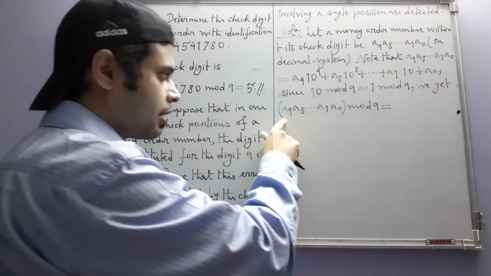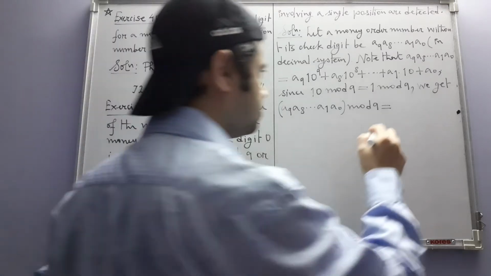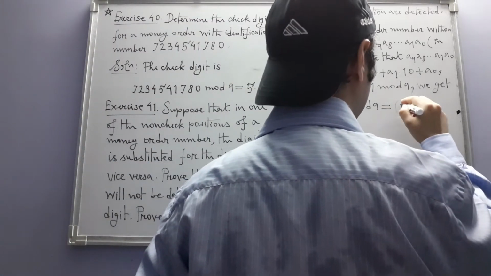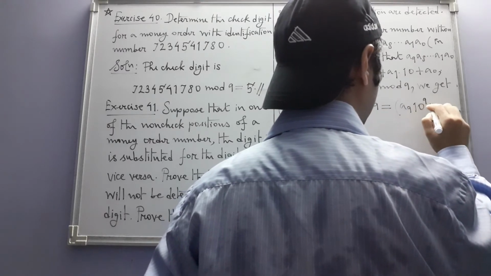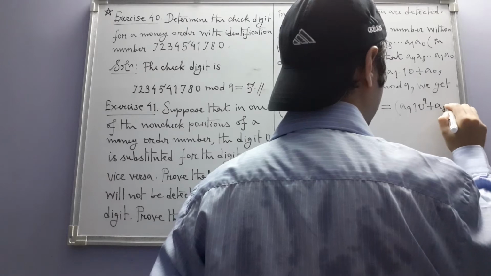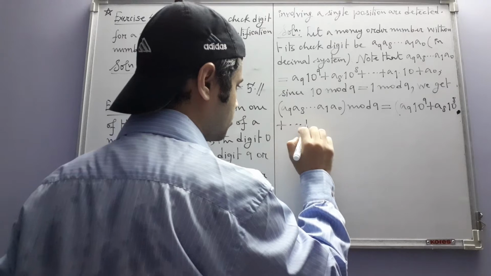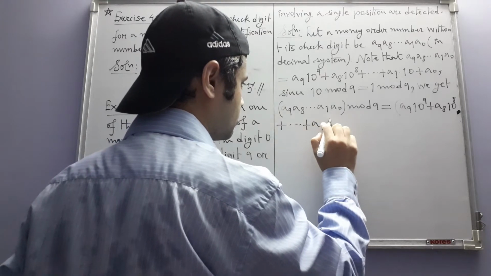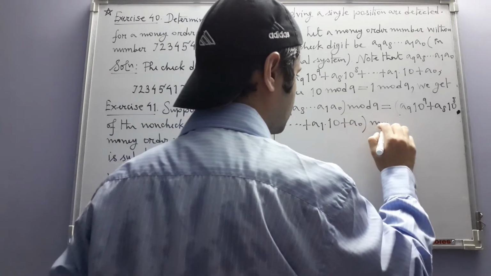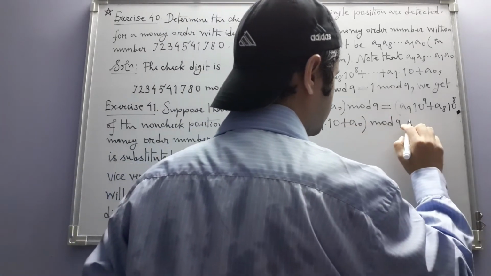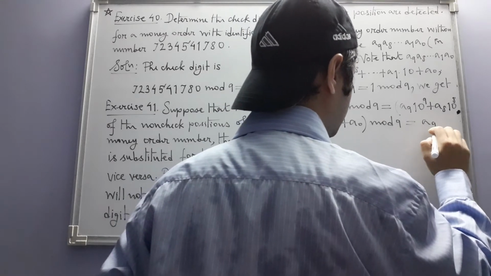This remainder that we have here will be the check digit for the money order number, which is equal to, if you use this expression, A9.